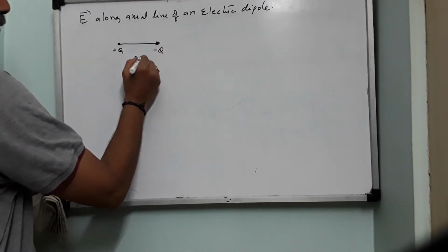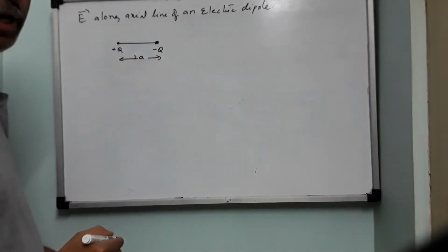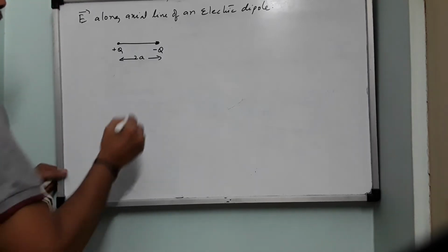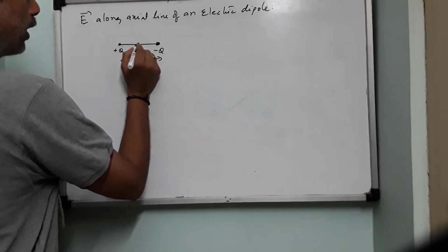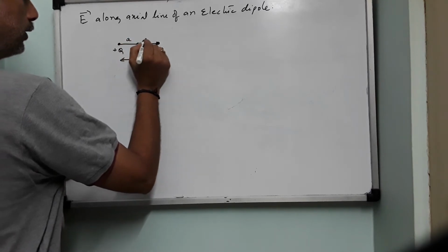The total distance between them is taken as 2a. Now you will understand why it is 2a. Why can't it simply be a? This is the center of the dipole. Here to here it is a, and here to here it is again a.